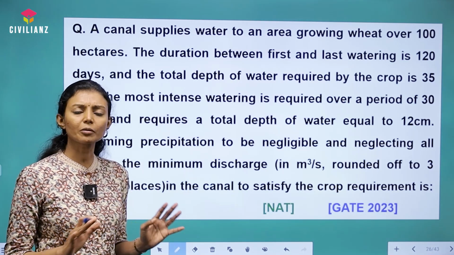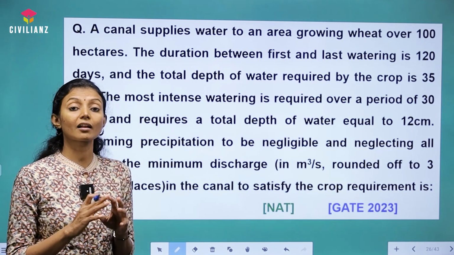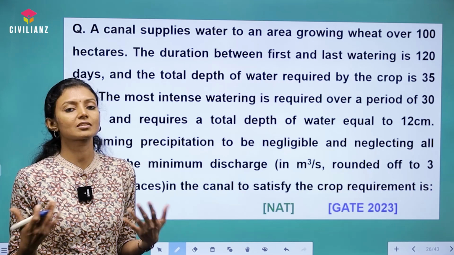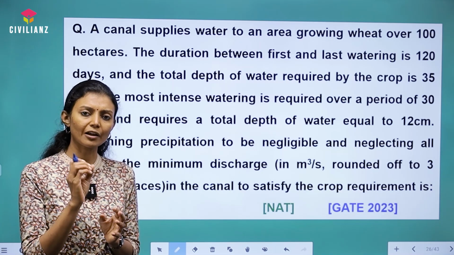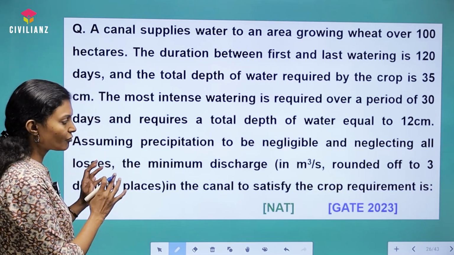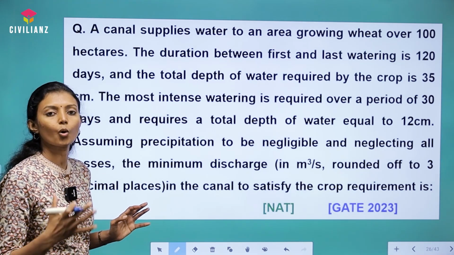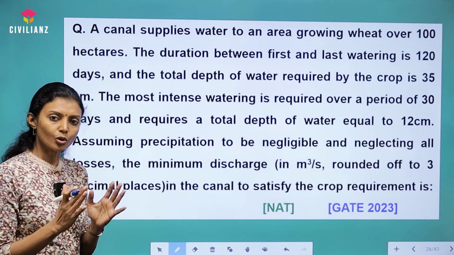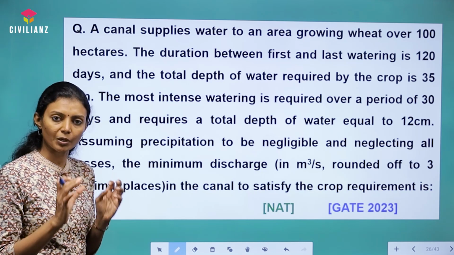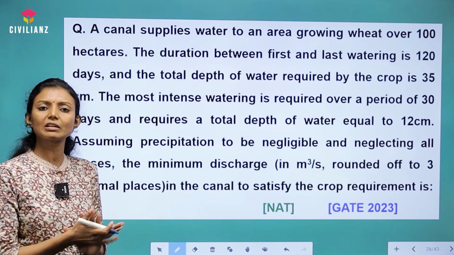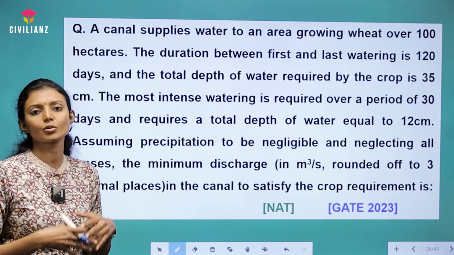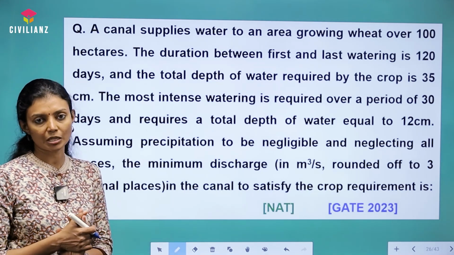But here you will not be given any options and there are no negative marks also, which is a highlight. You have to be careful that you will be instructed how to write the answer to exactly how many decimal places. You should write the answer accordingly, then only you will get full marks. There are no negative marks, so you can freely attempt such questions.